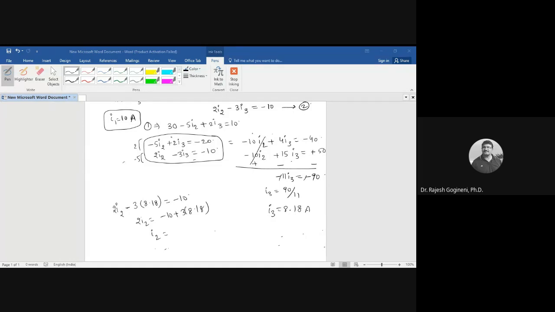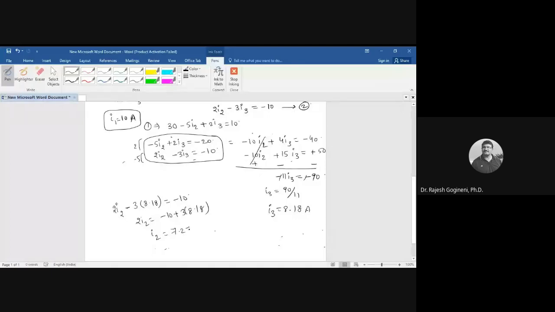Yes. Somebody has posted? No. It is the I2 value after simplification. 7 amperes, right? Is it the answer you got? I2 is 7.27.